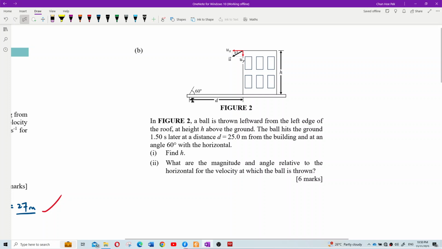That means the ball falls onto here, hitting at 60 degrees, and distance D is 25 meters from the building.